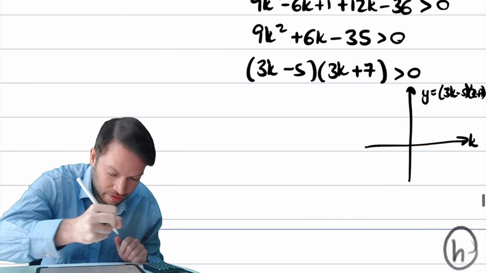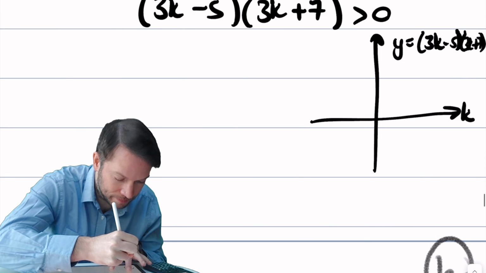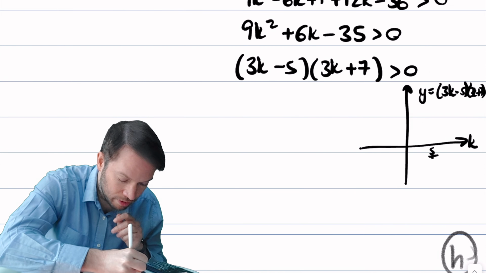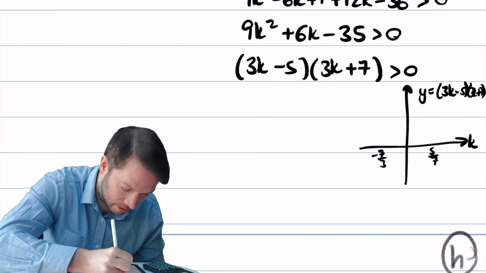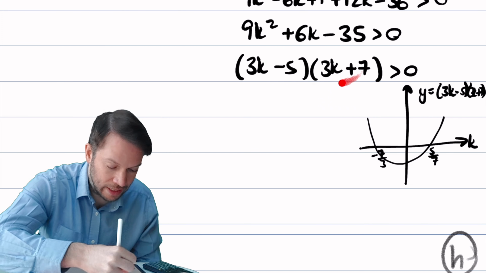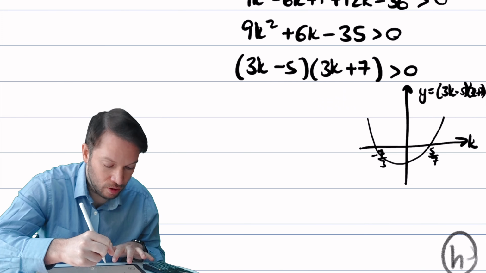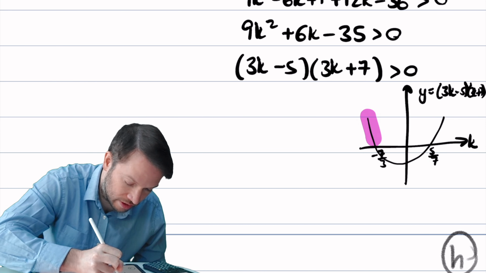So we're going to have roots of 5 over 3, and a root of minus 7 over 3. And the quadratic is going to look like this. Now, this time, we want this y value here to be greater than 0. So where's the y value greater than 0 on this graph? Well, we can see it's the two tails.